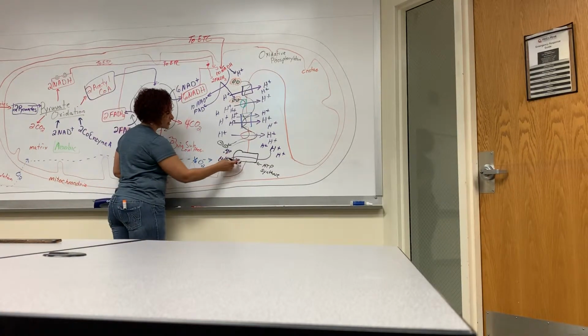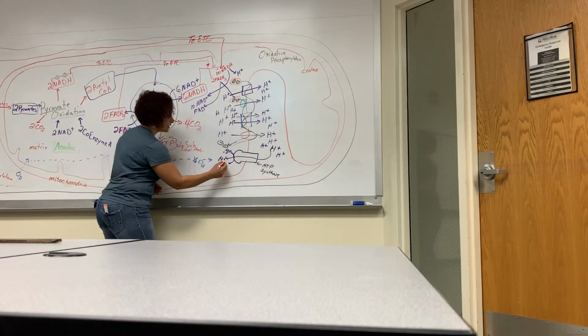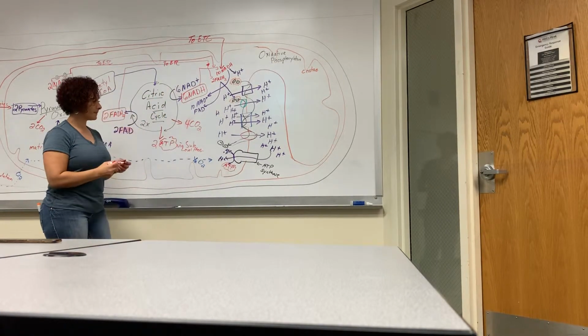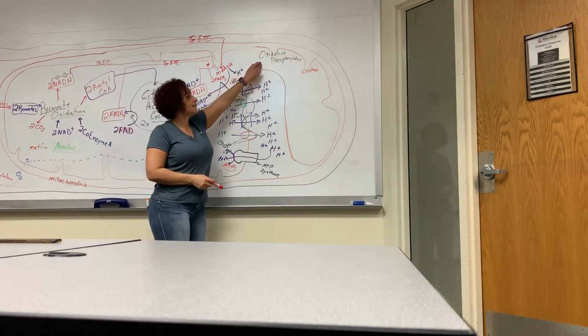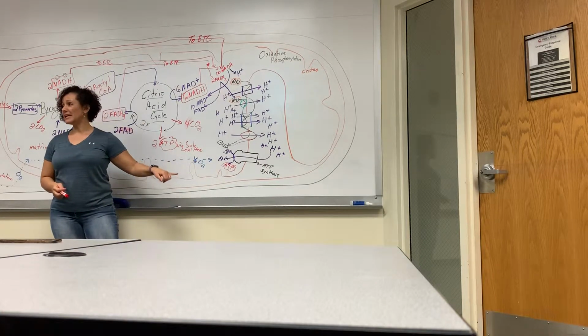Then, because of the shape change, this enzyme will help to hook those together, making ATP, just like such. And through oxidative phosphorylation, you get 26 to 28 ATP.